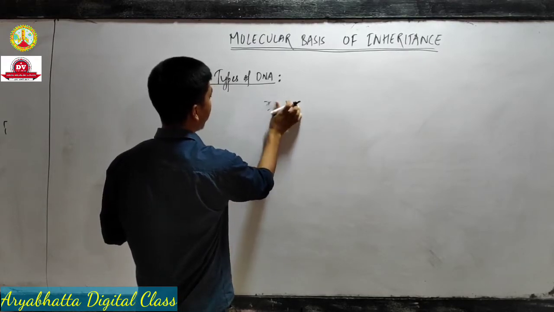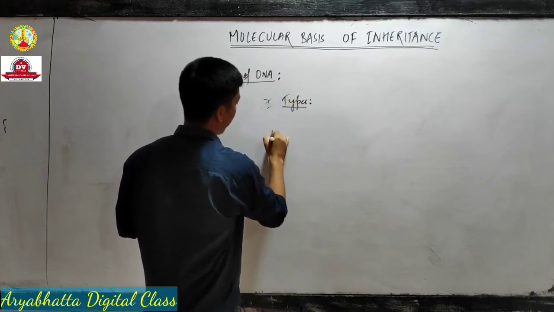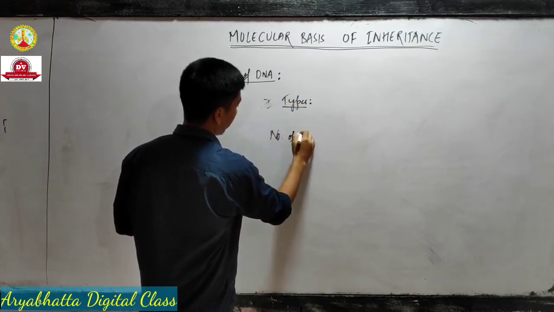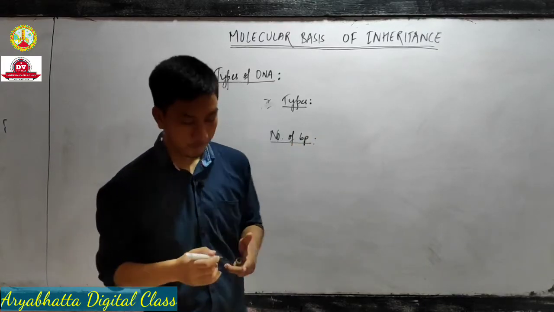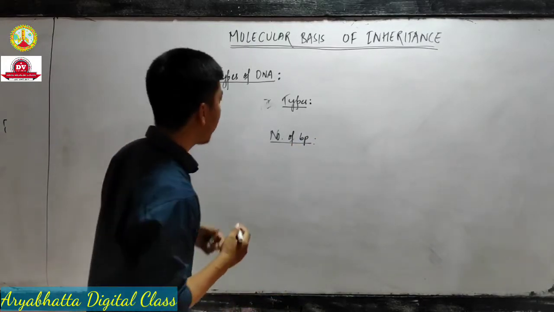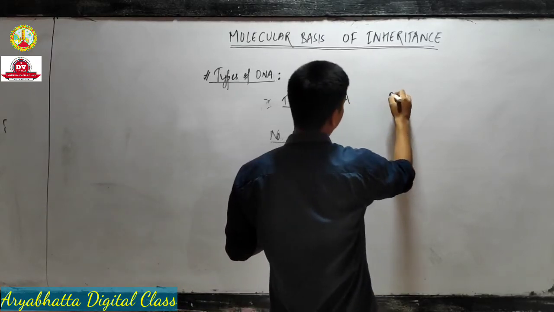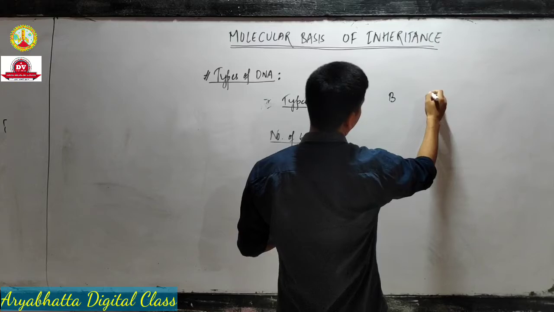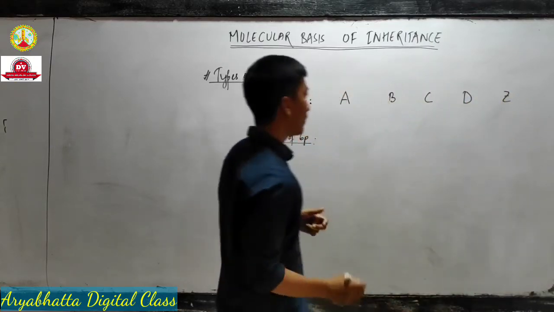So first we'll take the types here, and then below we'll take the number of base pairs. Base pair, this is the short form. We find A type DNA, B type DNA, C type DNA, D type DNA, and Z DNA.